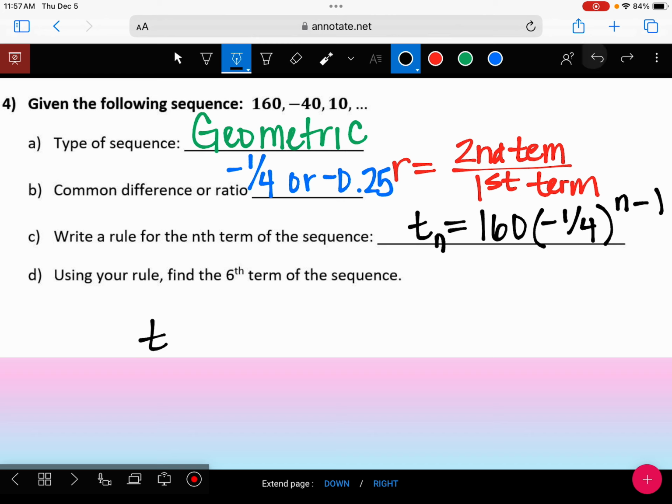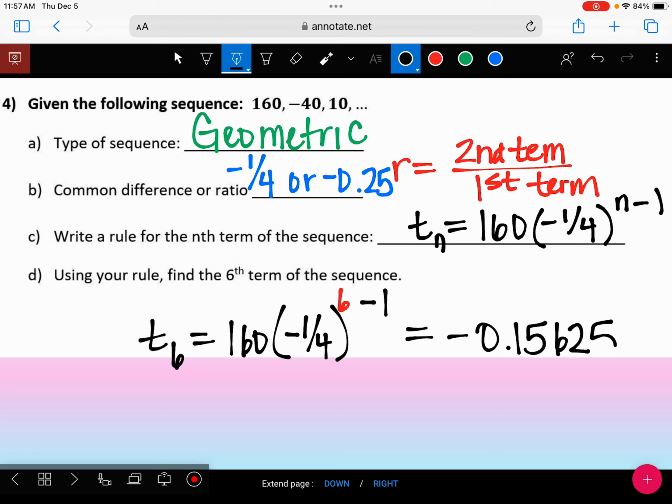So now use this rule that we just wrote to find T6. All right, who agrees with my answer for number 4?